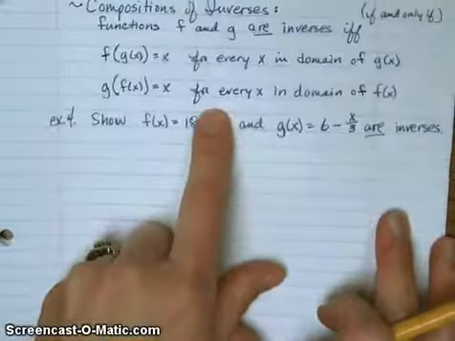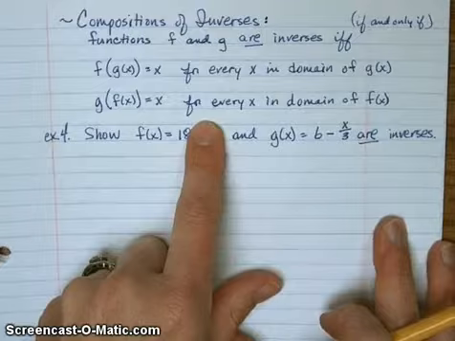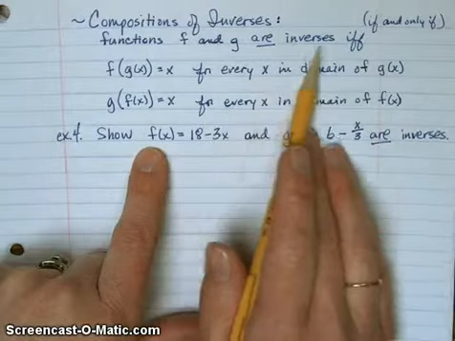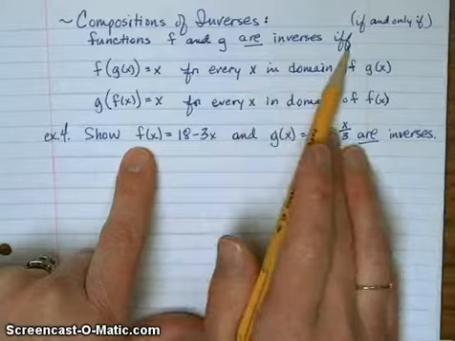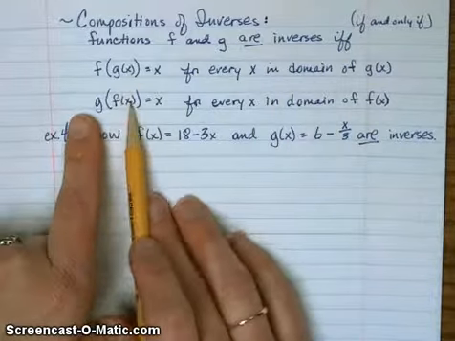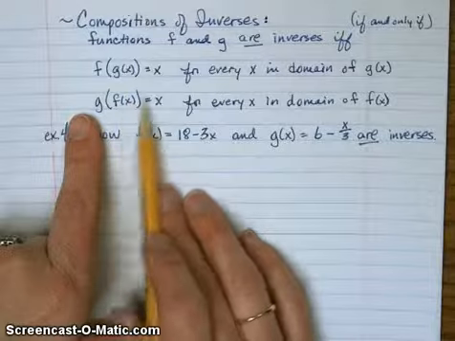For example, you write that down. So functions f and g are inverses if and only if you can make each one of them the composite of the other and they both equal x.